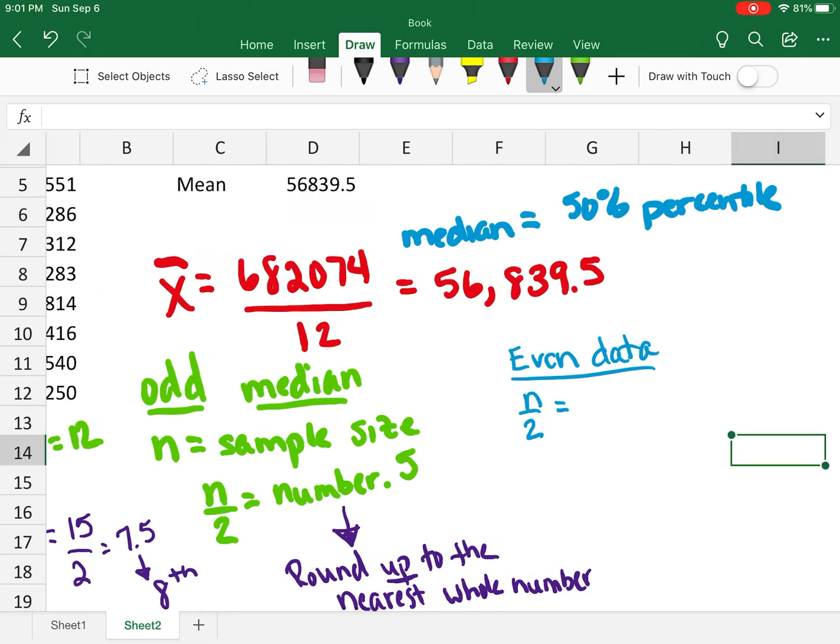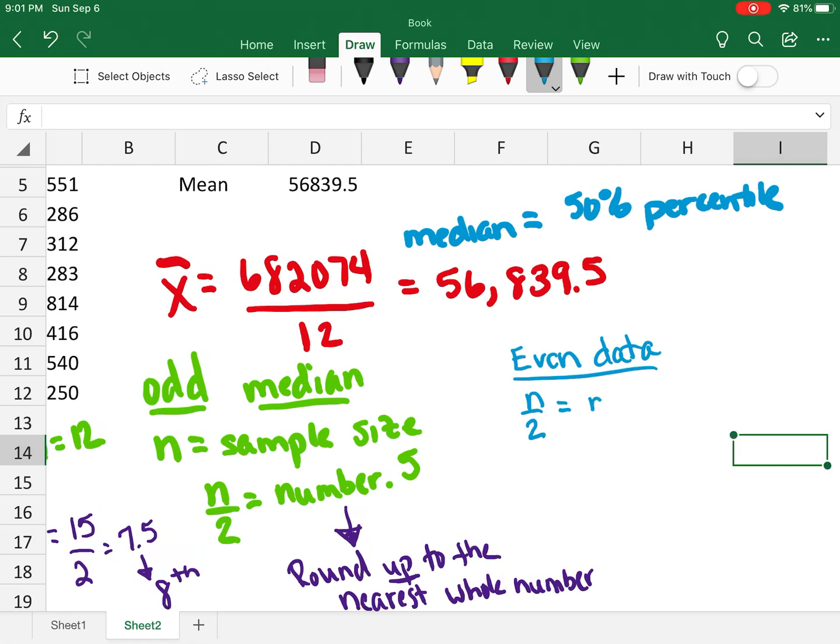You take n divided by 2, and you're going to get a number. Whatever that number is, you take that number, and you find the average of the number and the number plus 1. So you're going to take this number, add it to this number, and then divide that by 2. That's the average of those two numbers.